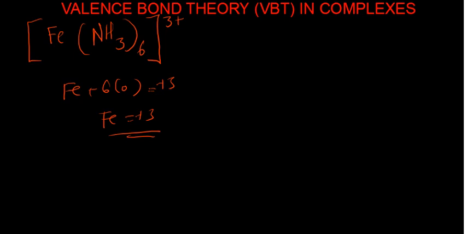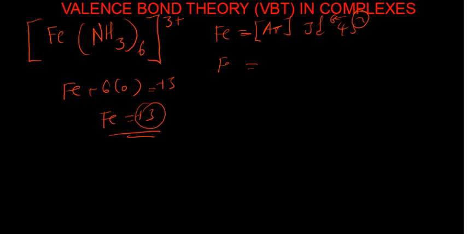So iron itself has an electron configuration of argon, and then 3d6 4s2. So having 3 plus means it has lost 3 electrons. First it is going to lose these 2 electrons, and then 1 electron it will lose from the 3d. So iron 3 plus will have the electron configuration of argon, and then 3d5 4s0.